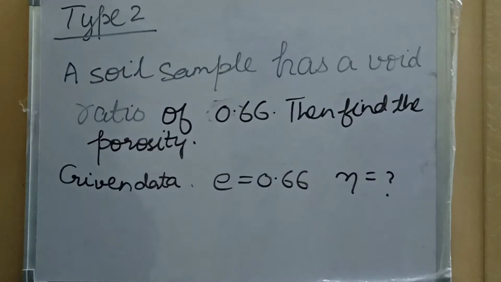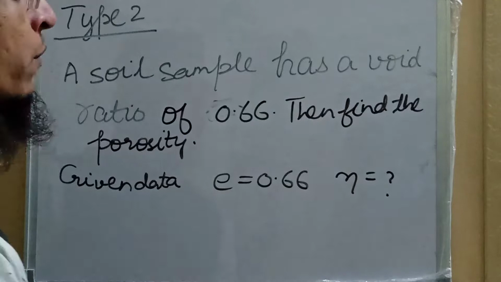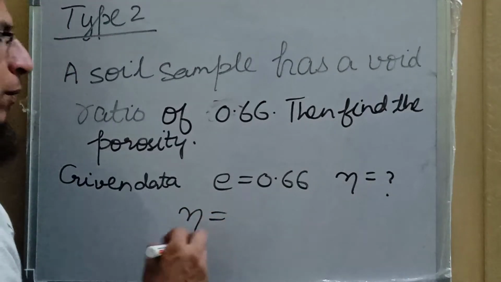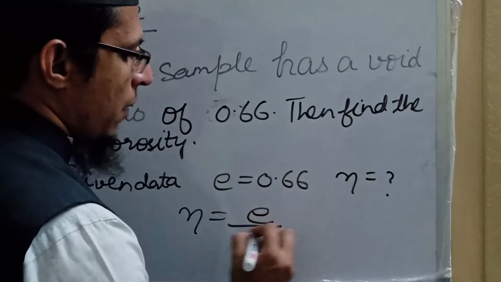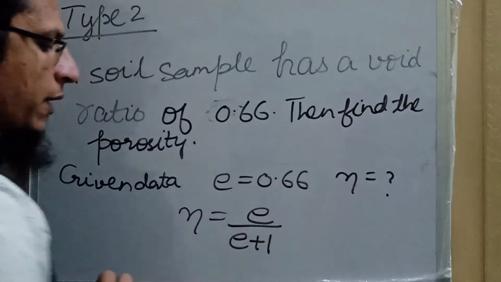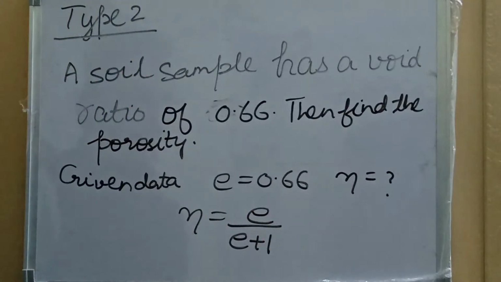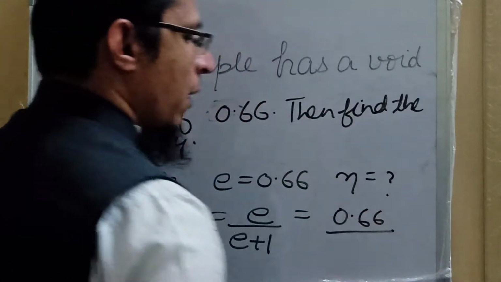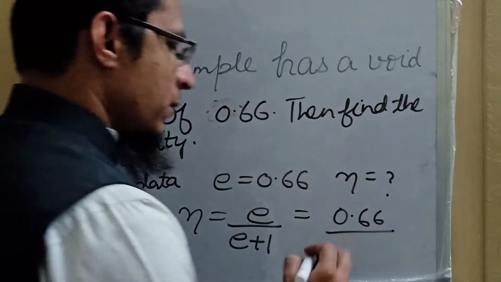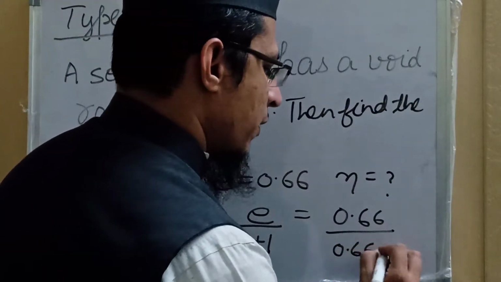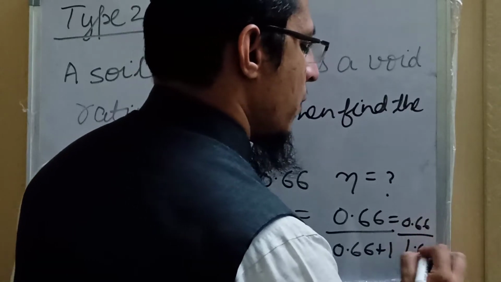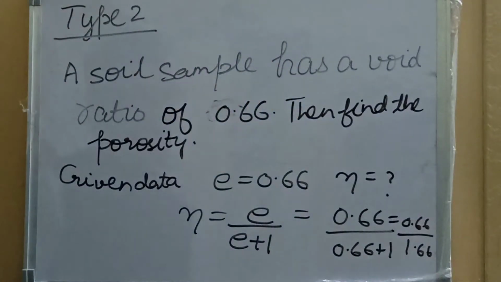We know that the interrelationship between void ratio and porosity is n is equal to e upon e plus 1. So we can write 0.66 upon 0.66 plus 1, that is 0.66 upon 1.66.